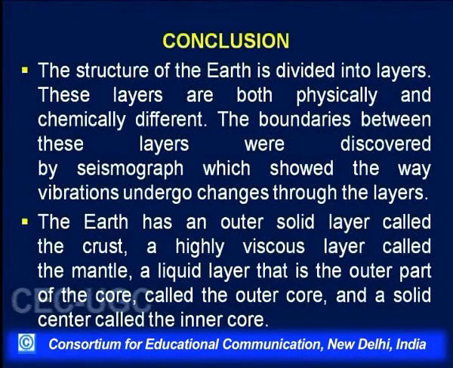Another important thing as a conclusion is that the earth has a solid layer called the crust. After the crust there is yet another layer which is highly viscous, and that is called the mantle, and then there is the core, which is distinctly divided into two parts, the outer core and the inner core, whereas the outer core is a liquid layer and the inner core is a solid center, that is the center of the earth.